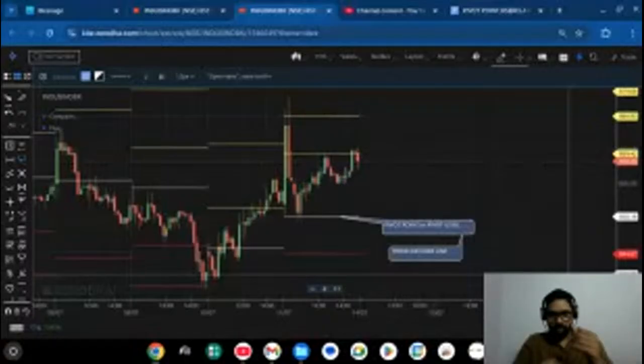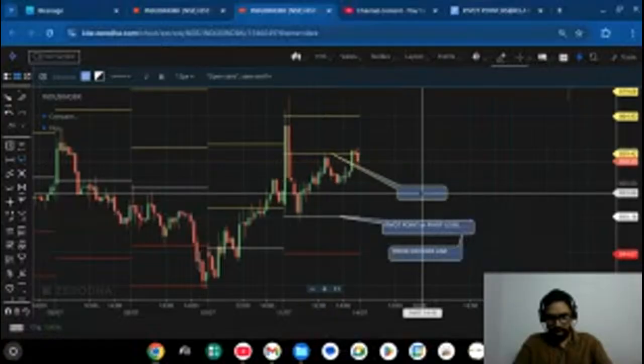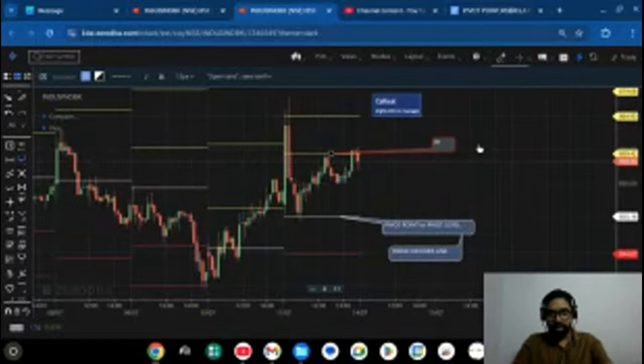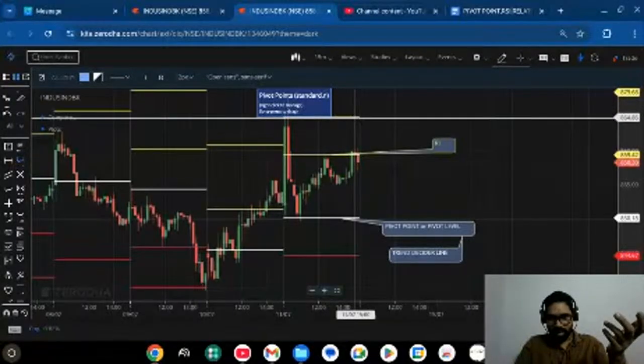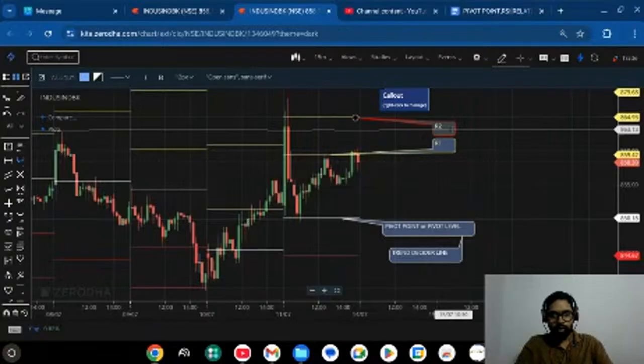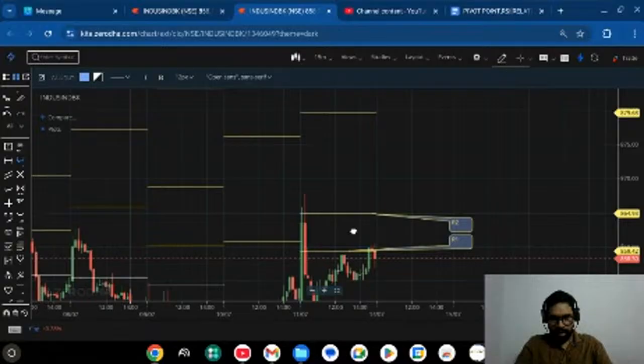Okay, and the yellow lines show your resistance levels. R1, we can say R1, is how much it can go upside, and this is called R2. It can go to a maximum upper side level limit, and more also it can go.